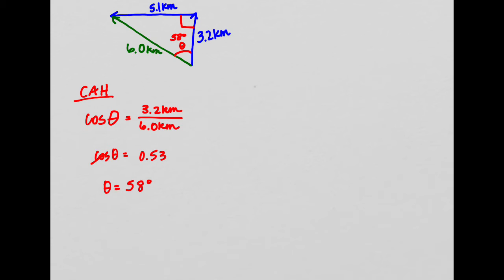However, we have to give our answer in the counterclockwise from east convention. So here I have east. This is just an axis, right? West, north, south. What I have here is my angle is 58 degrees. This is 58 degrees west of north. But what I want is counterclockwise of east. So in order to do that, I have to extend this angle all the way down here.